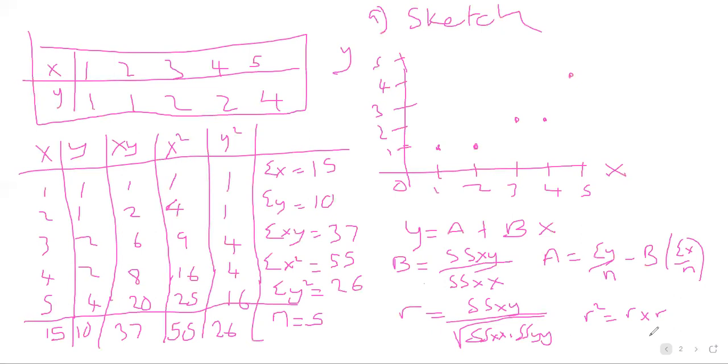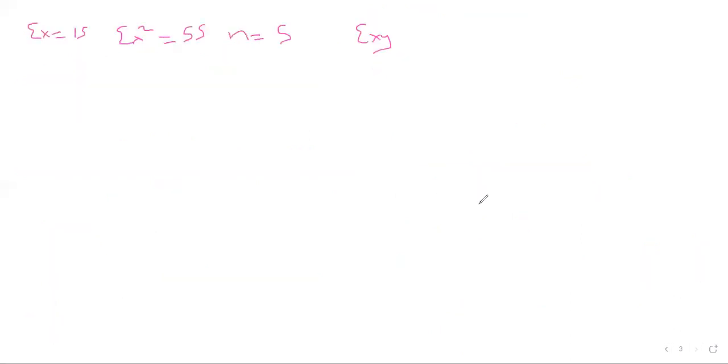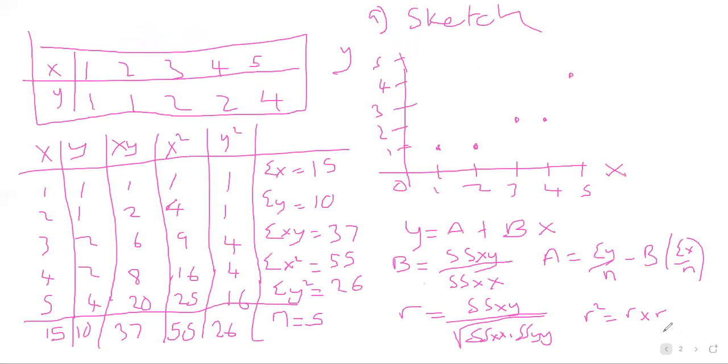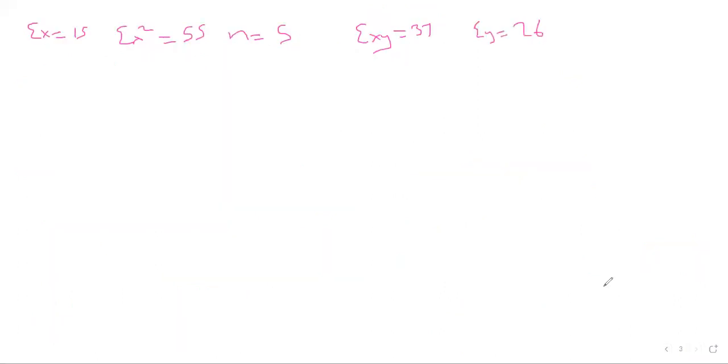Remember, we had our summation of x as 15, our summation of x squared as 55, our n as 5, our summation of xy as 37, summation of y as 10, and summation of y squared as 26.